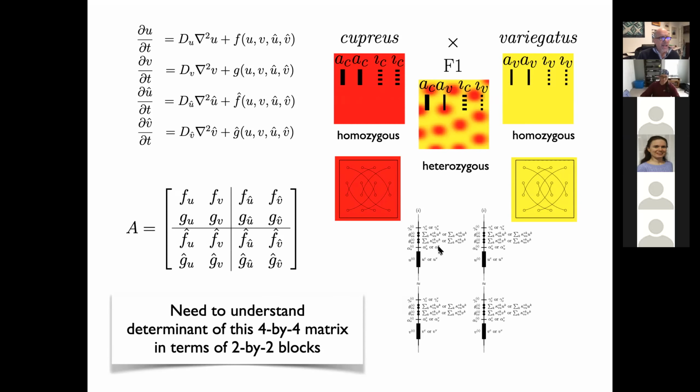So does everyone get that part of it? The main point here is just that because of Emily's work, I got interested in the determinants and eigenvalues, the general matrix analytic properties, of 2x2 block matrices, because it seems like that's going to be the key to understanding the instabilities in the heterozygous case.